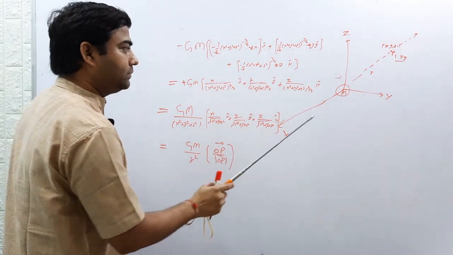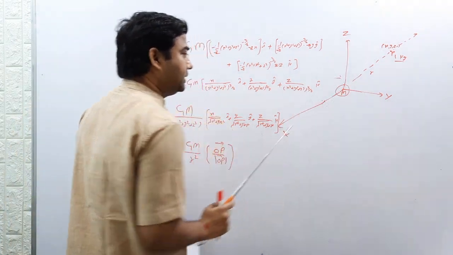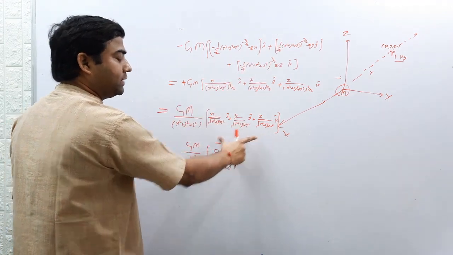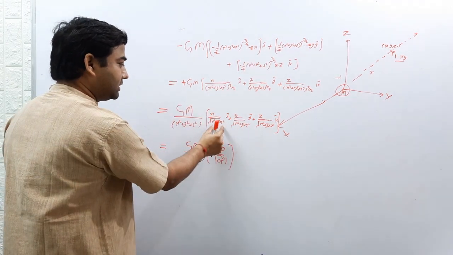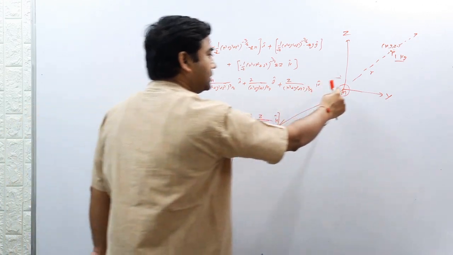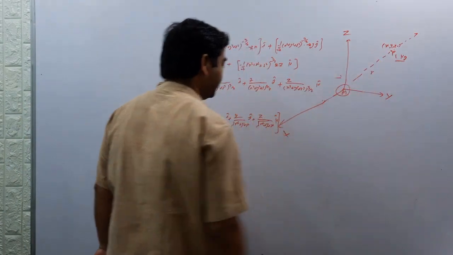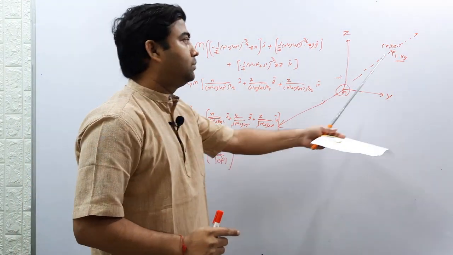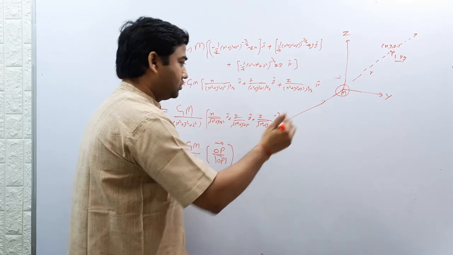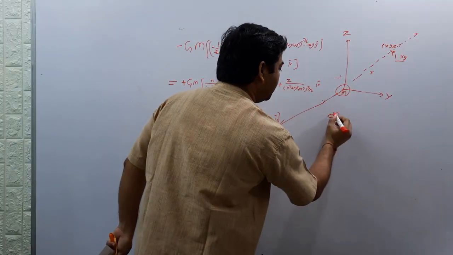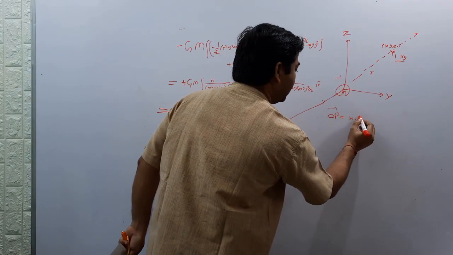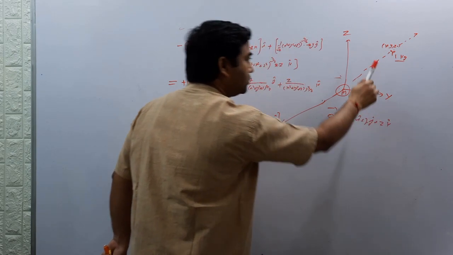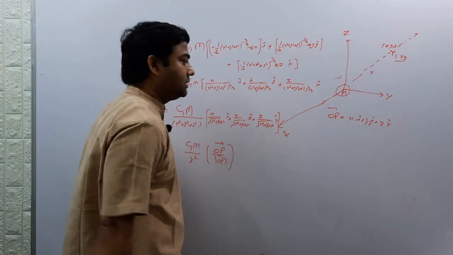If you find the unit vector in the direction of OP, that is the unit vector, because under root x square plus y square plus z square is modulus of this vector, and x i, y j, z k is position vector OP. So I will just write vector OP is equal to x i plus y j plus z k, because point coordinates of P are x, y, z.